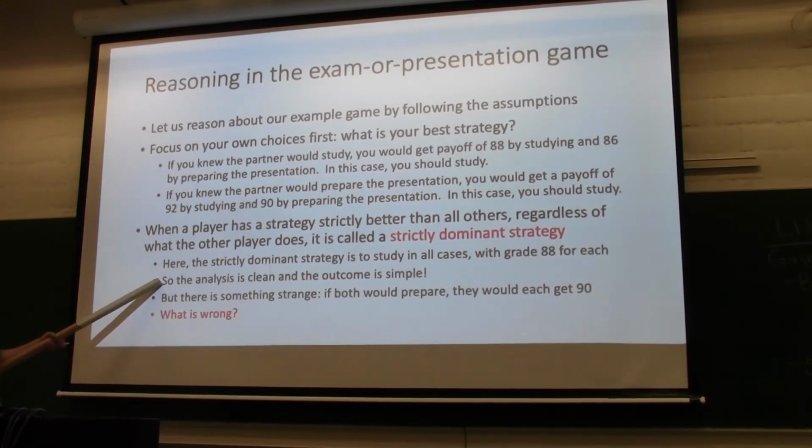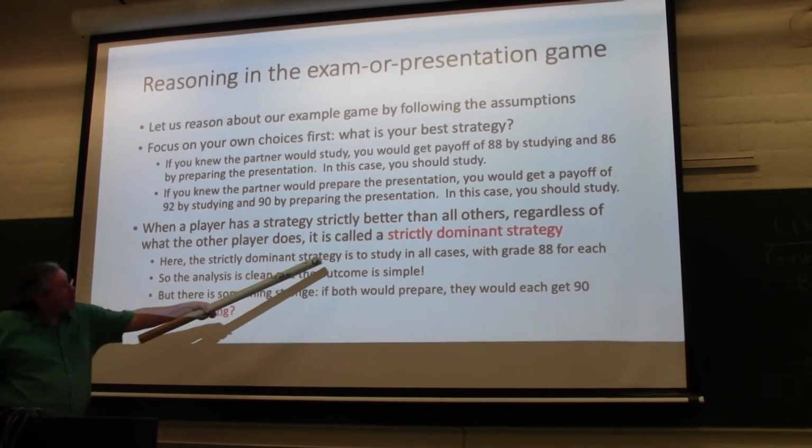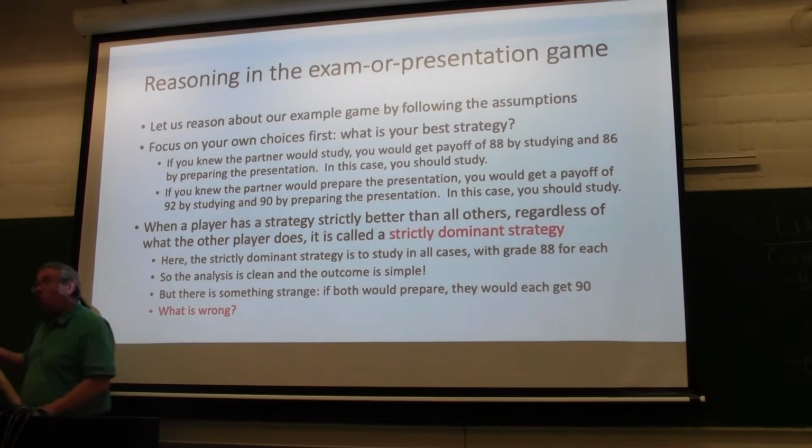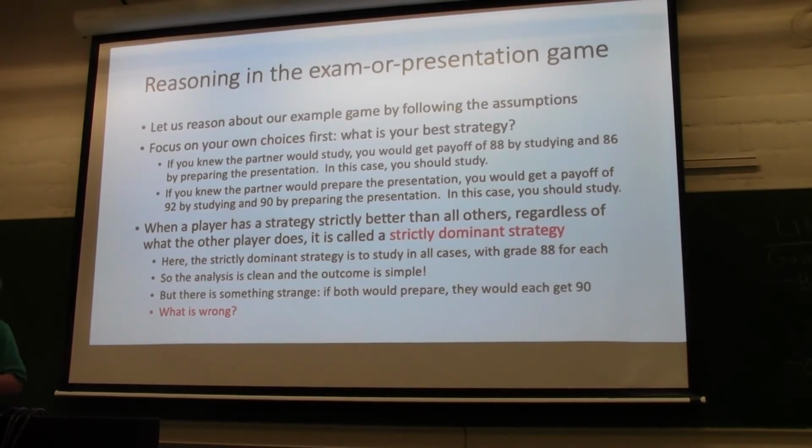So it's very simple in this case. Of course, if they would both prepare, they get 90. But the strictly dominant strategy is a result of rationality. Each player is selfishly maximizing their own little benefit. If they would talk to each other and somehow coordinate, then they can do better, if they don't cheat.